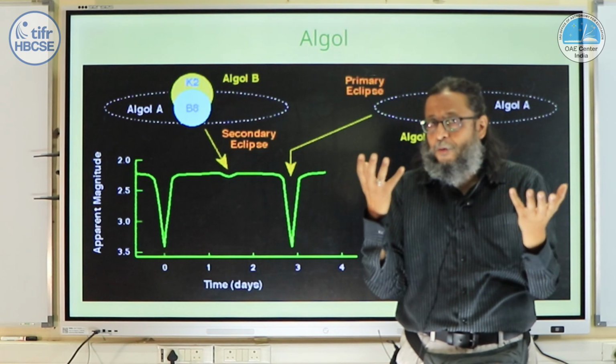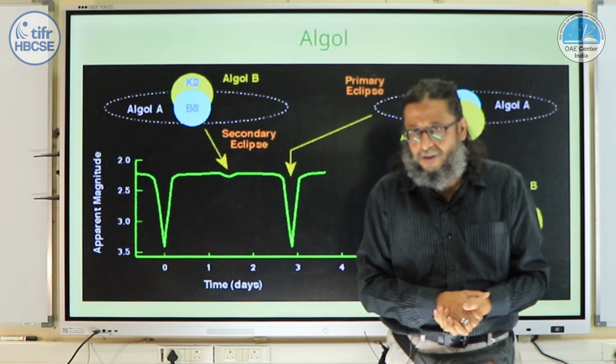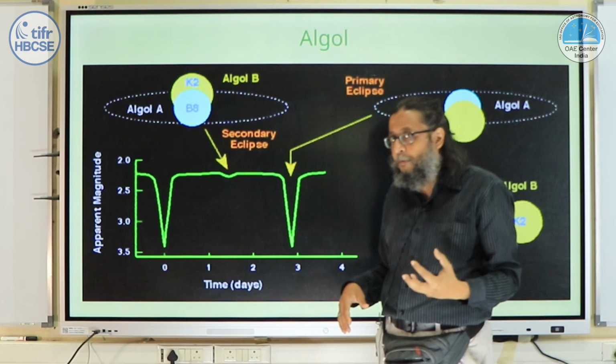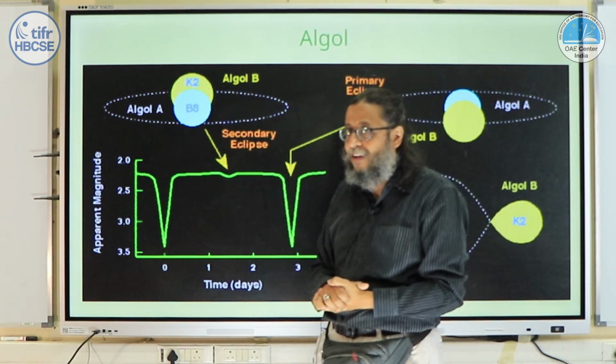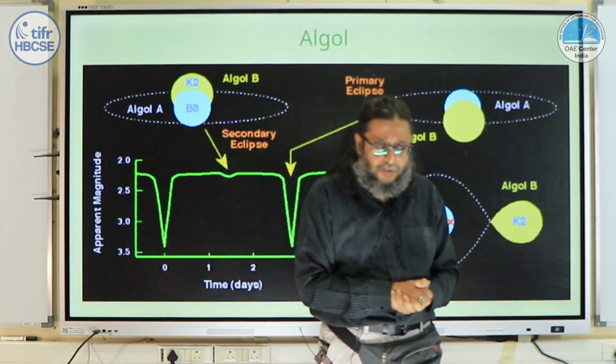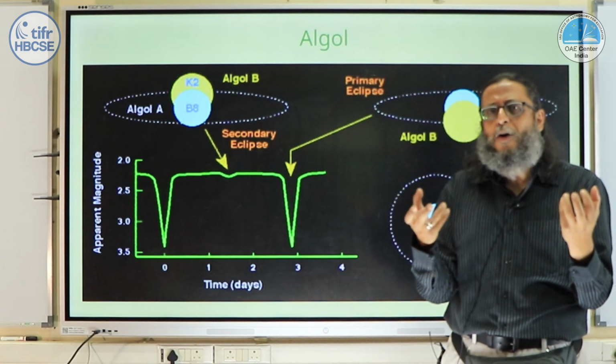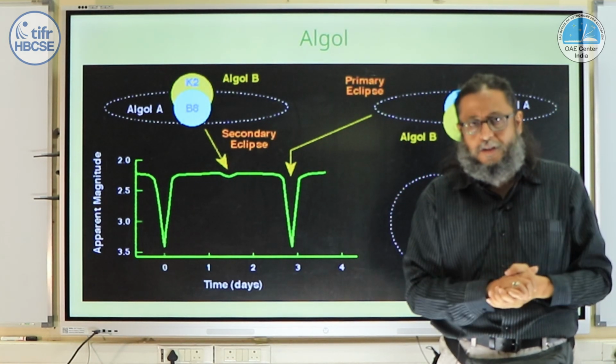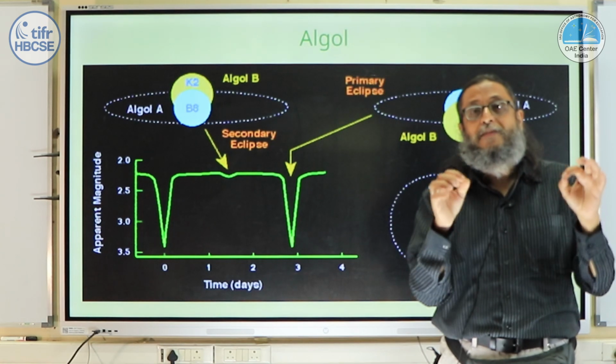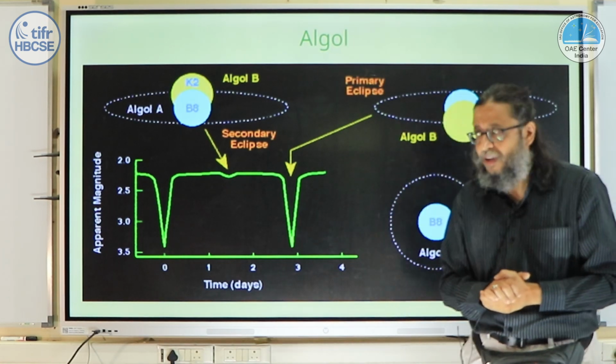You also know what the intrinsic luminosities of a B8 type star and a K2 type star are like. And then you have an estimate, if they are moving around each other, what should the eclipsing light curve look like? Now look here.